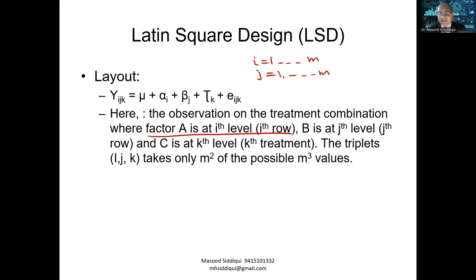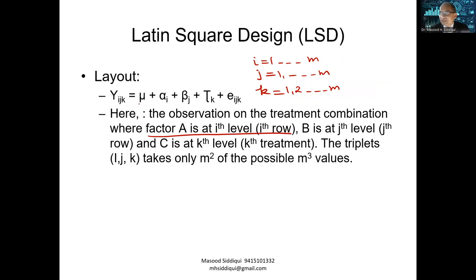B, another source of variation, is at the jth level, that is the jth column, and j also lies from 1 to m. The third one is k, that is the treatment, so the number of treatments would also equal m. C is at the kth level, that is the kth treatment. So this is Yijk.